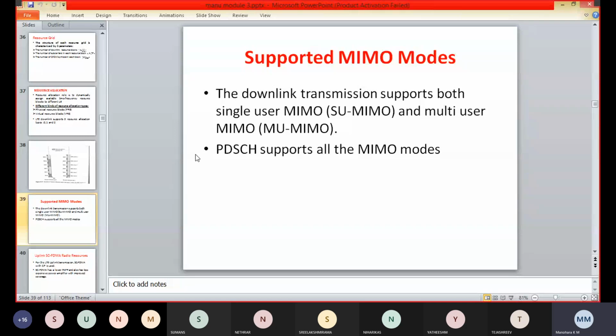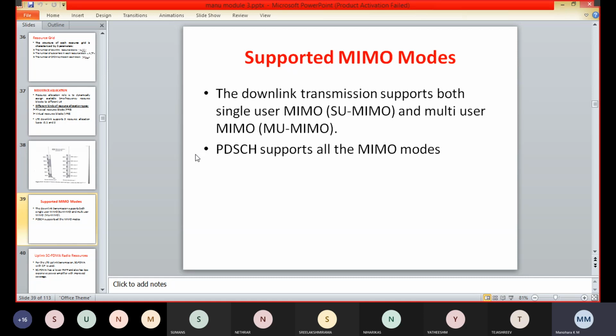So here the multi-antenna transmission and reception, that is MIMO, is a physical layer technique that can improve both the reliability and throughput of the communications over the wireless channels.